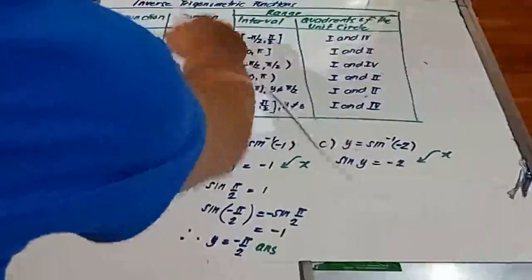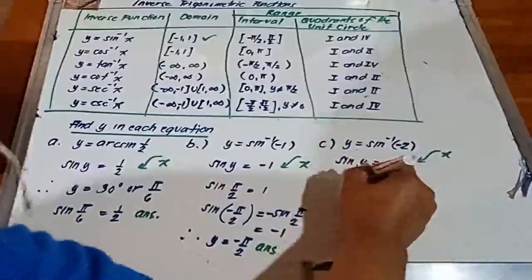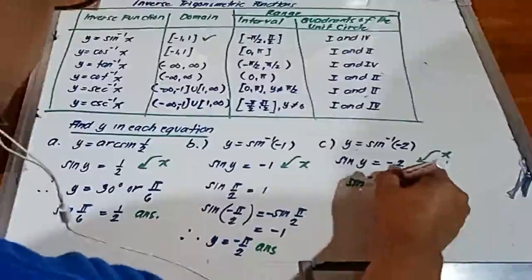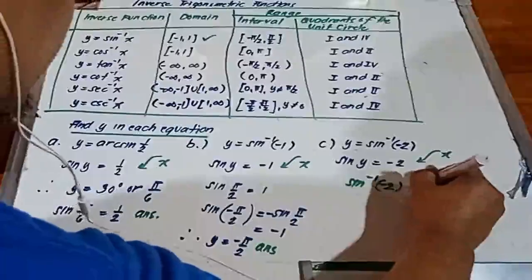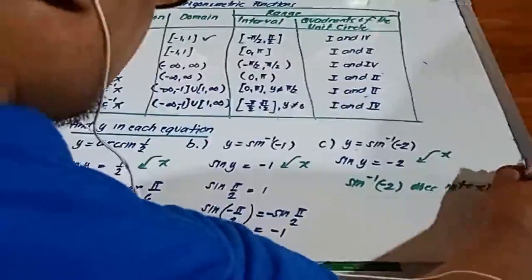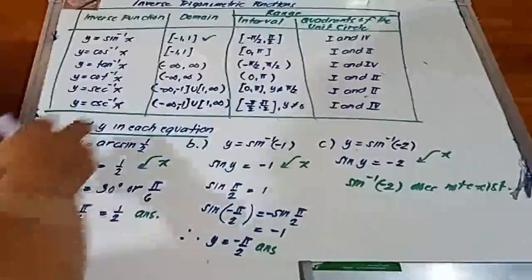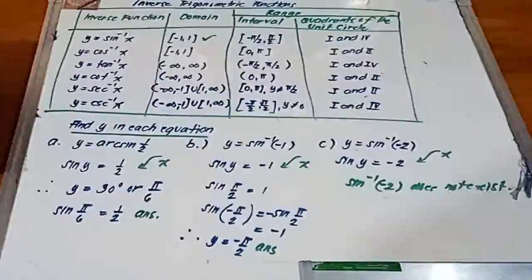Within the domain ba siya ng ating inverse trigonometric function? No. So, therefore, ano sasabihin natin? Lalagay natin, sine to the -1 of -2 does not exist. Kasi wala siya doon sa domain of our inverse trigonometric function.